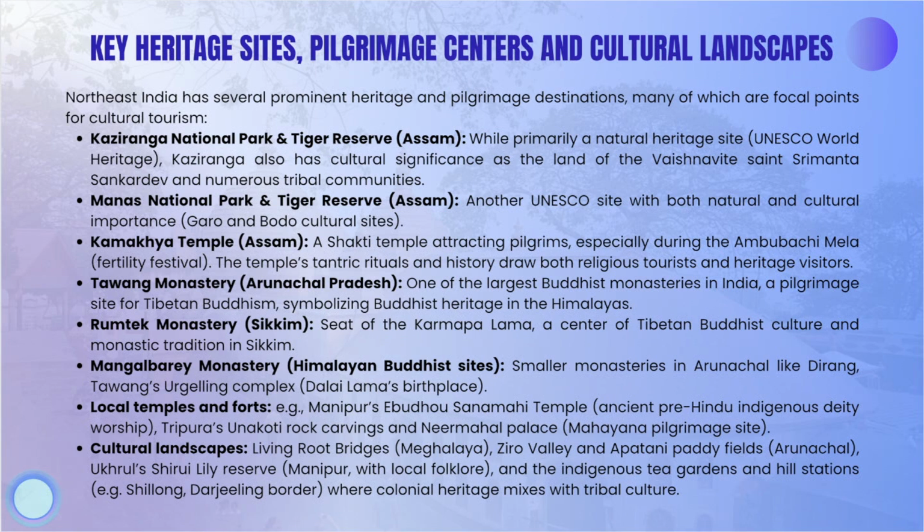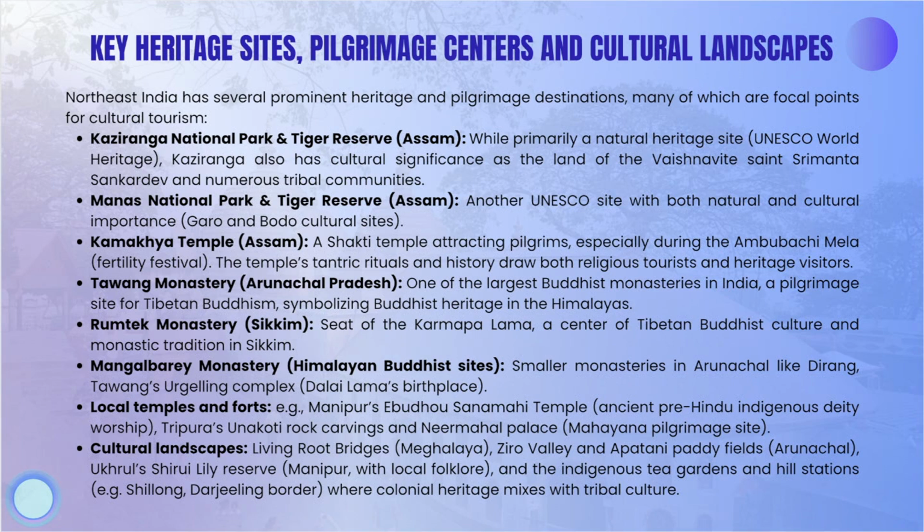Tawang Monastery, one of the largest Buddhist monasteries in India, is a pilgrim site for Tibetan Buddhism, symbolizing Buddhist heritage in the Himalayas. Rumtek Monastery in Sikkim, seat of the Karmapa Lama, is a center of Tibetan Buddhist culture and monastic tradition in Sikkim.